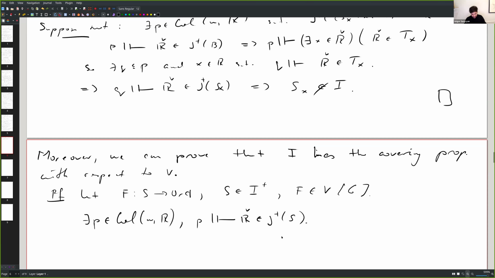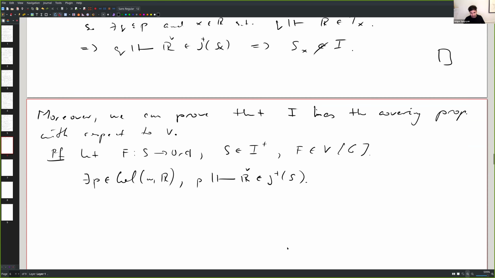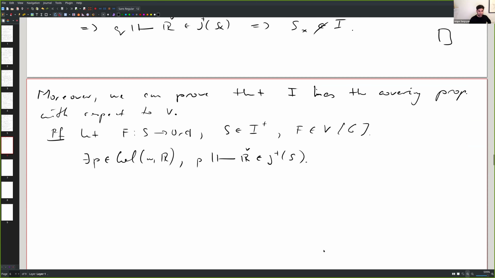Then it will be in the ideal, not in the positive set. Okay, so we have this condition which forces that R is in the J plus S.